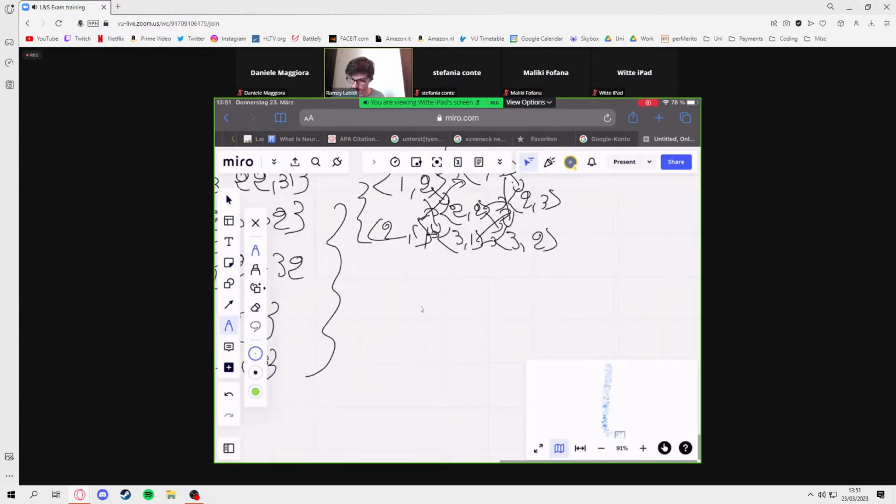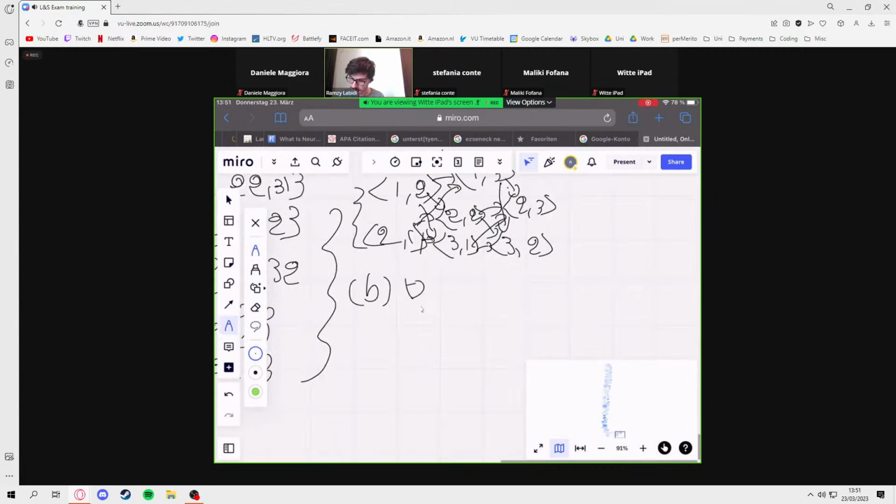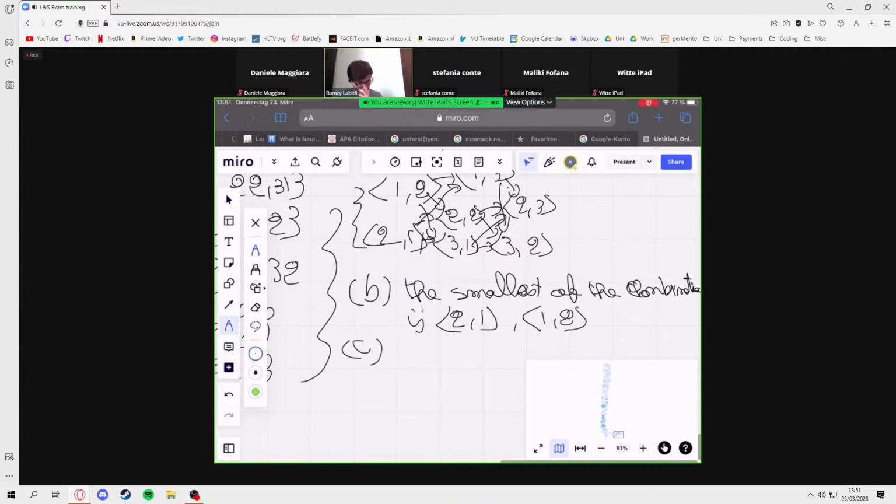So the smallest elements of the combination between the two sets are 2, 1 and 1, 2. It's literally the smallest, that's all they mean.